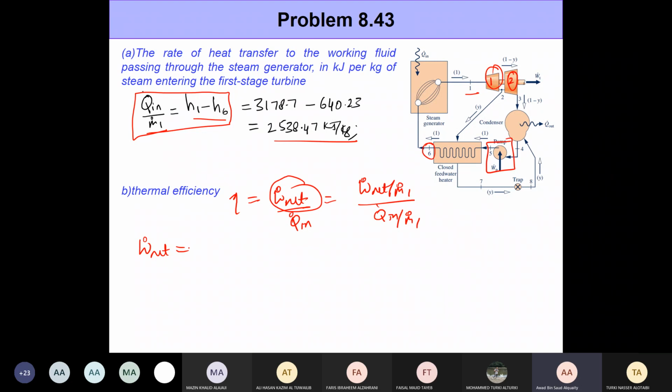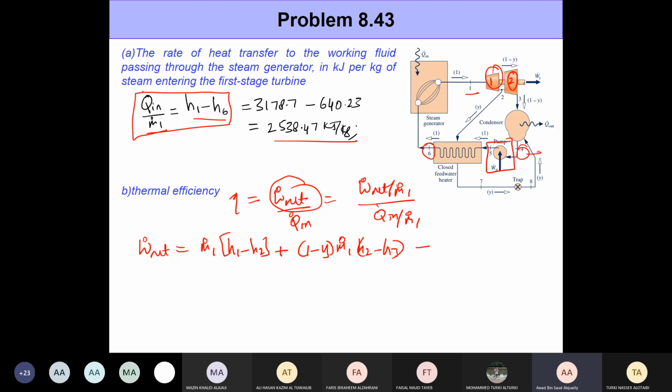All right, so it's mass flow rate, which is m dot 1, times the enthalpy change within the first stage turbine. So that's h1 minus h2 plus, now is the important part, the mass flow rate for the second stage turbine. For the second stage, only 1 minus y is expanding, right? So 1 minus y times m dot 1 times h2 minus h3. Okay, so this is the entire work output from the turbine minus the work input to the pump.